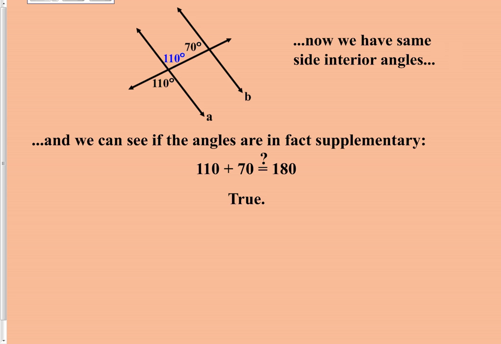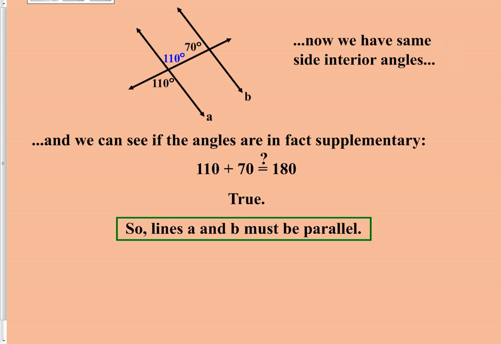So this is a true statement. That means our lines are parallel. Line A must have been parallel to line B for this property to hold true. Okay, so that's one way that these converses can be used. We can use the information to decide if two lines are parallel or not.